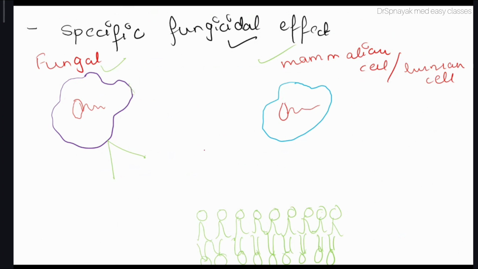In addition to it, it contains several chitins. This is the fungal cell wall or the plasma membrane. Okay, what are these structures?